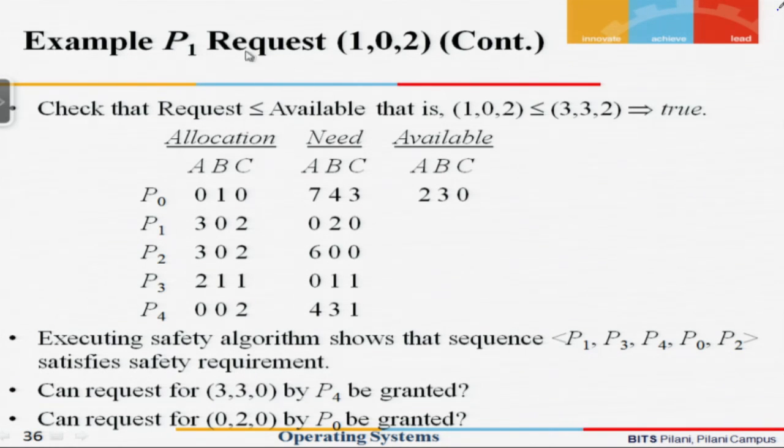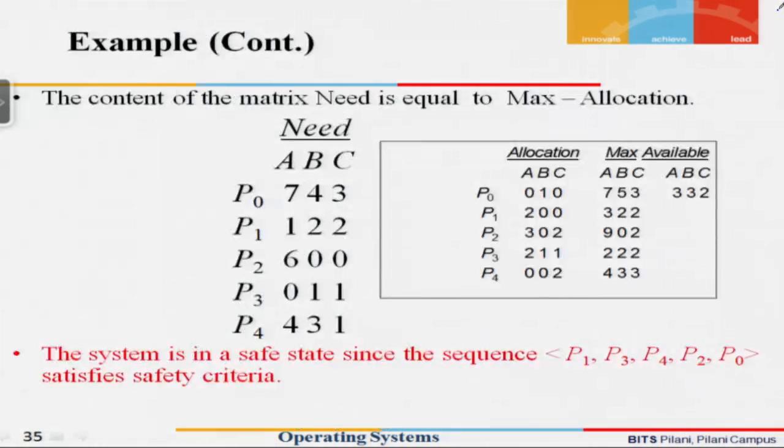So here we would check whether the request of process P1 can be granted from the available resources or not. If we refer to the previous example, we had an availability of 3 3 2.